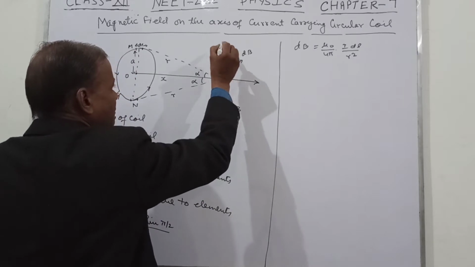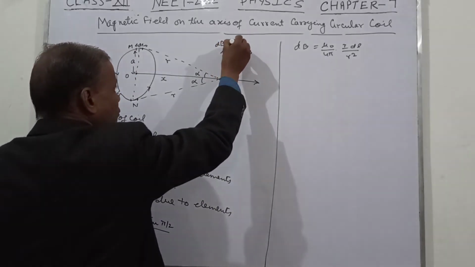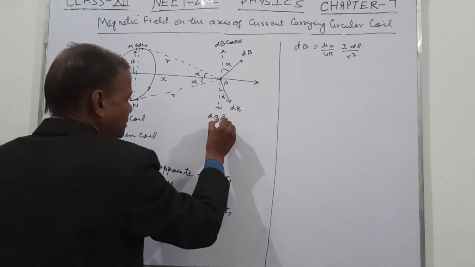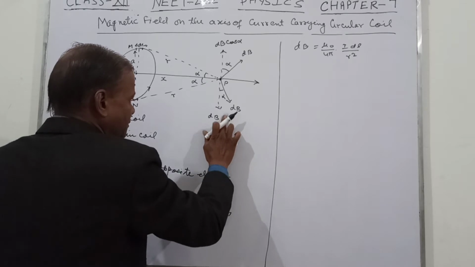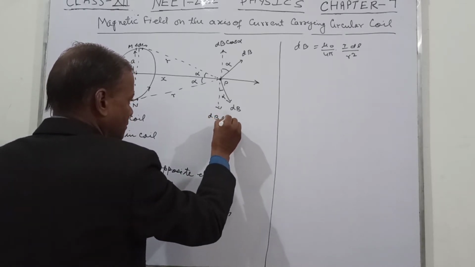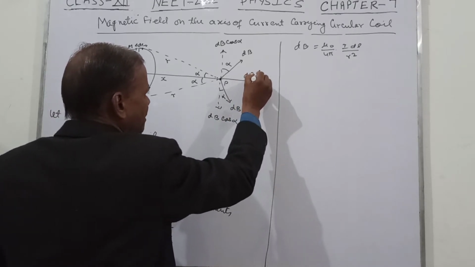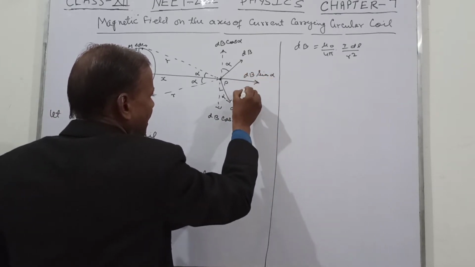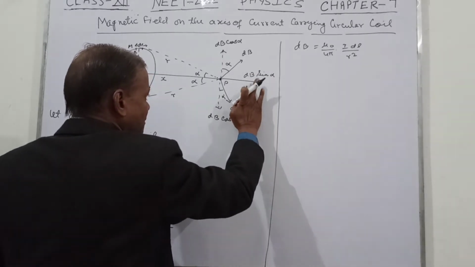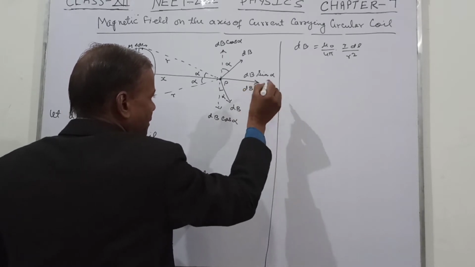So we can have the components dB cos alpha and here also dB cos alpha. Now here the component dB sin alpha and here also dB sin alpha.